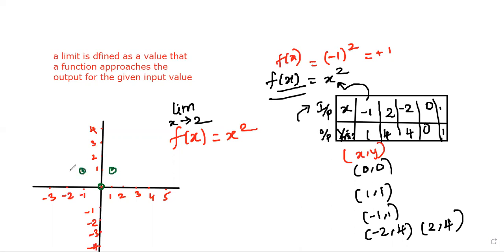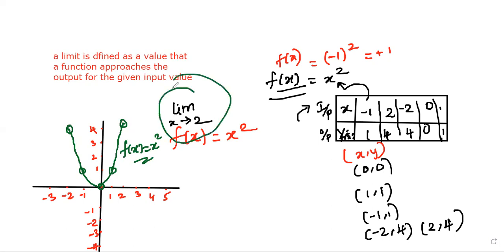And -2, +4 must be here. +2 and +4 must be here. If I join all these coordinates, I'll get the curve. So this is going to be my f of x is equal to x square. This you are already aware of. You used to do it from grade 9 itself.